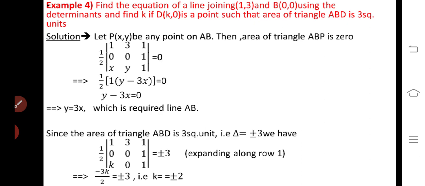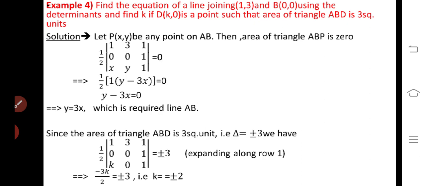First you have to understand what they are asking. In this example they ask two questions. First, find the equation of the line, then find the value of k. Second, they give the area of the triangle as 3 square units.